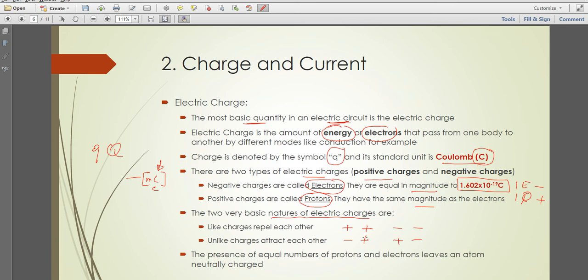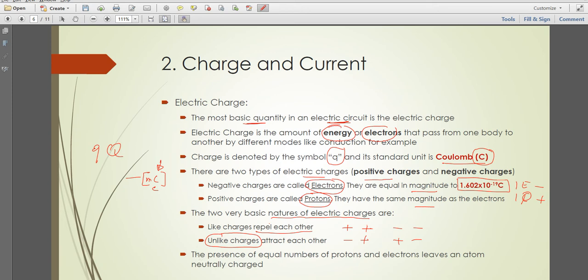If they have different signs, unlike charges, they will attract each other and try to be closer. Those are the basic natures of electric charges.